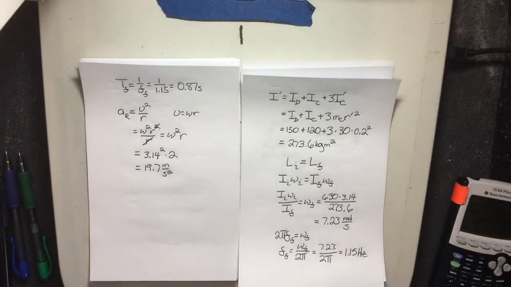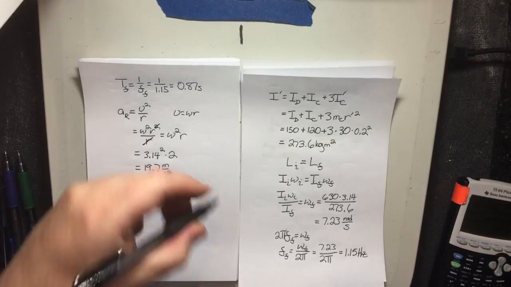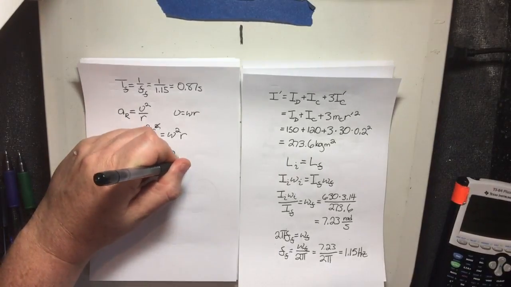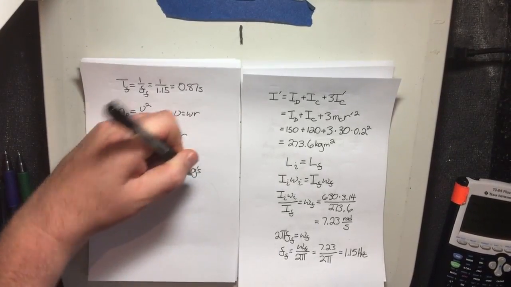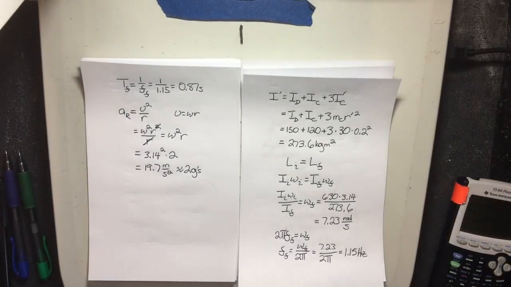Now, to get something where the radial acceleration is 19.7 meters per second squared, that's roughly 2 G's of acceleration. So it's basically twice that of gravity.